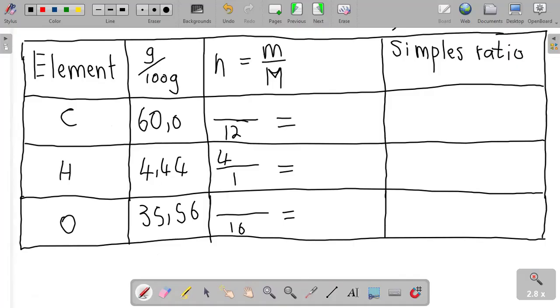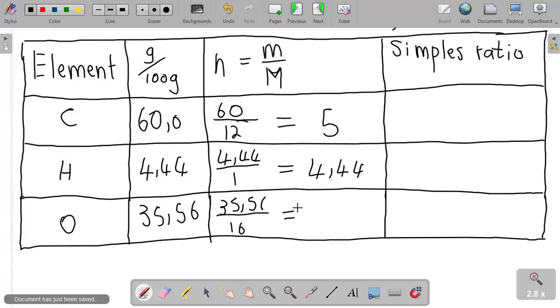So it's 4.44. You can see we're going to get 4.44 here. And then 60 divided by 12 is going to give us 5. Then 35.56 divided by 16, you may need a calculator here.